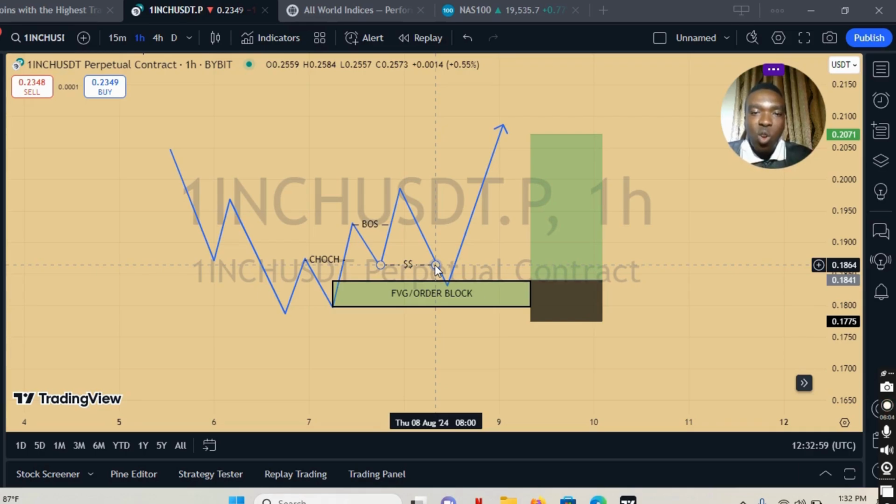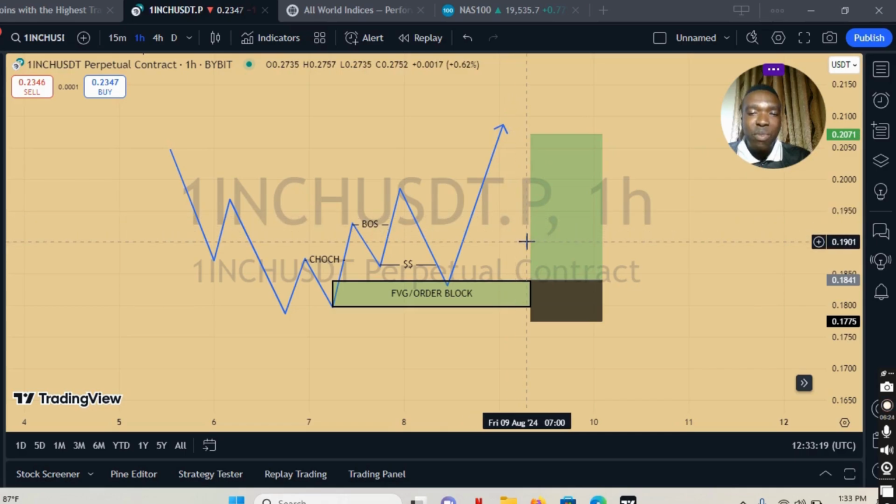So in trading, liquidity represents fuel. When price comes down to this place, it will gather enough energy. Here is a demand zone, here is a sweep of liquidity and to the upside, which will actually give us a very nice setup.